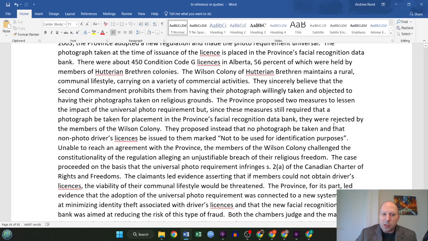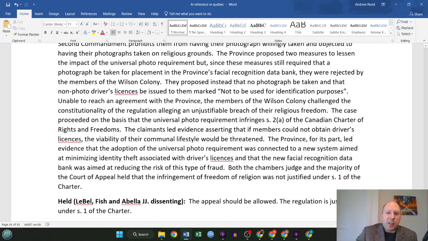Alberta proposed two measures to lessen the impact of the requirement, but they still required that a photo be taken and placed in the data bank. These measures were rejected by the members of the colony. They proposed instead that no photograph be taken and that non-photo driver's licenses be issued to them, marked not to be used for identification purposes.